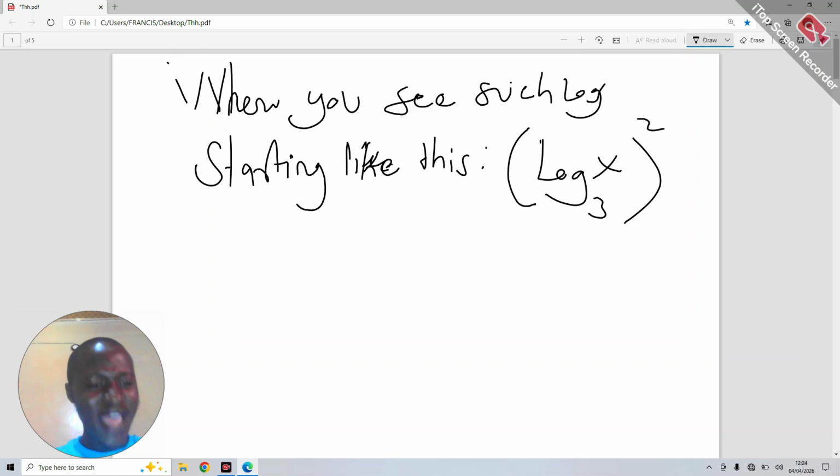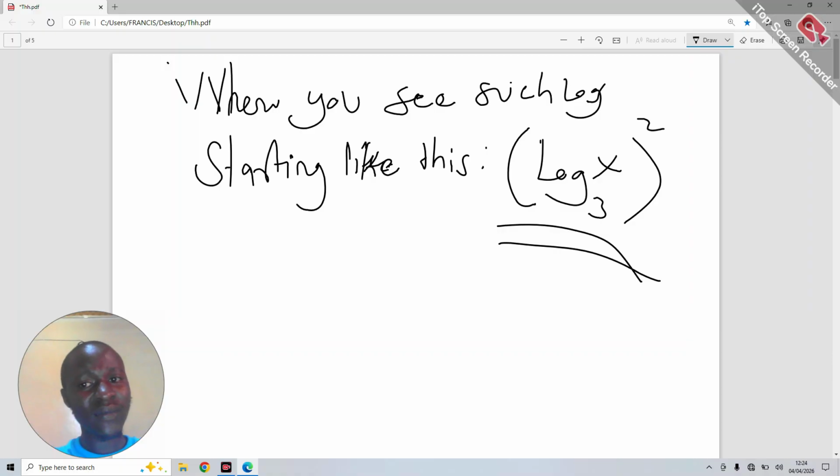Know very well, they will at last lead you to quadratic. When you see this type of log or this format, maybe it could be of base 3, base whatever, but if you see it in this format, then there's a power form here. Something has been powered there.